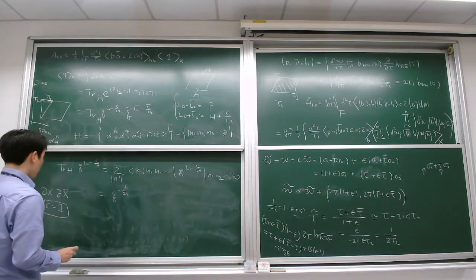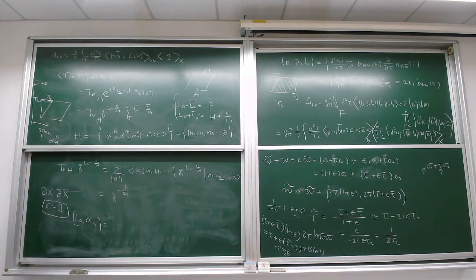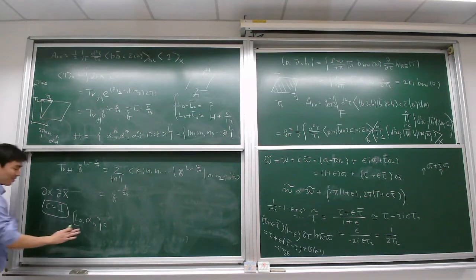Okay. So remember L0 and alpha minus n. What is the commutation relation between them? Do you remember?